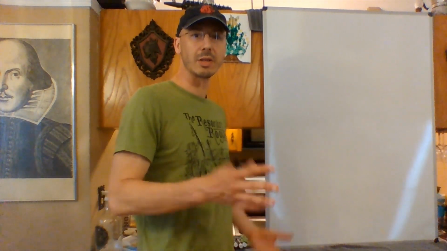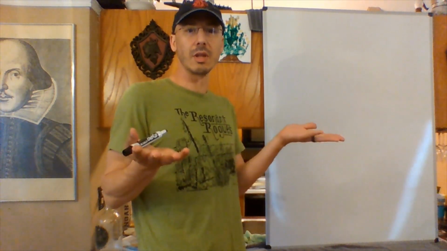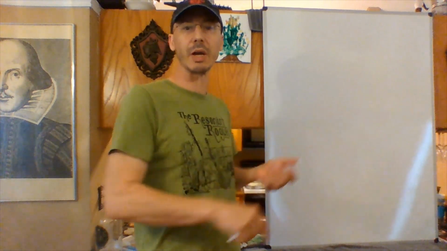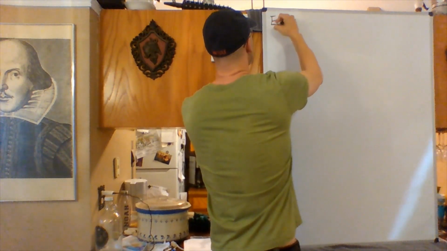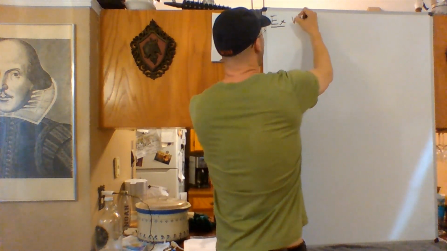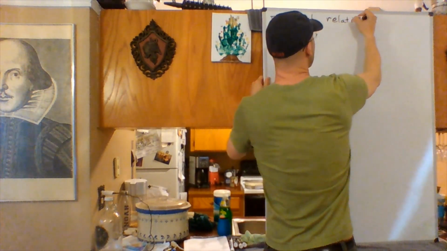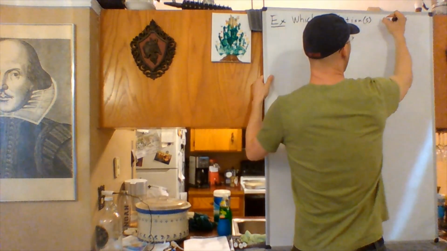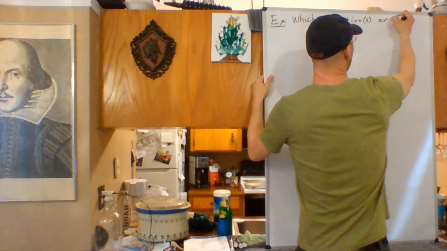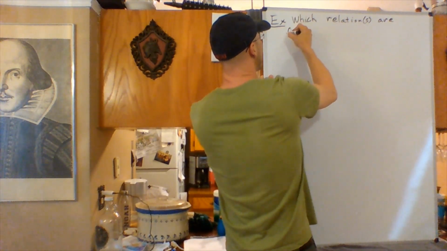I'd like to do another example of function, not a function, using the lists of ordered pairs like we looked at for relations at the very beginning. So let's look at, for an example, which relation or relations are functions.